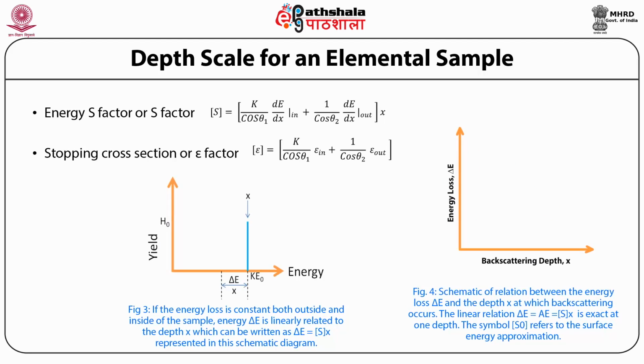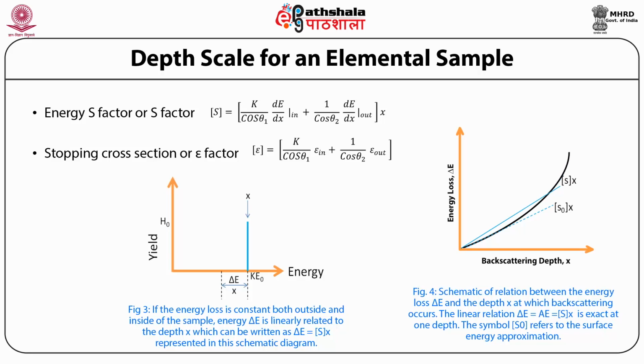If one introduces the symbol ΔE for the energy difference between Ex and KE0, that is ΔE = KE0 − E1, then ΔE = S multiplied by x, where S is the energy loss factor, or S factor, and can be written as S = [K/(cos θ1 (dE/dx)inward path) + 1/(cos θ2 (dE/dx)outward path)] multiplied by x.